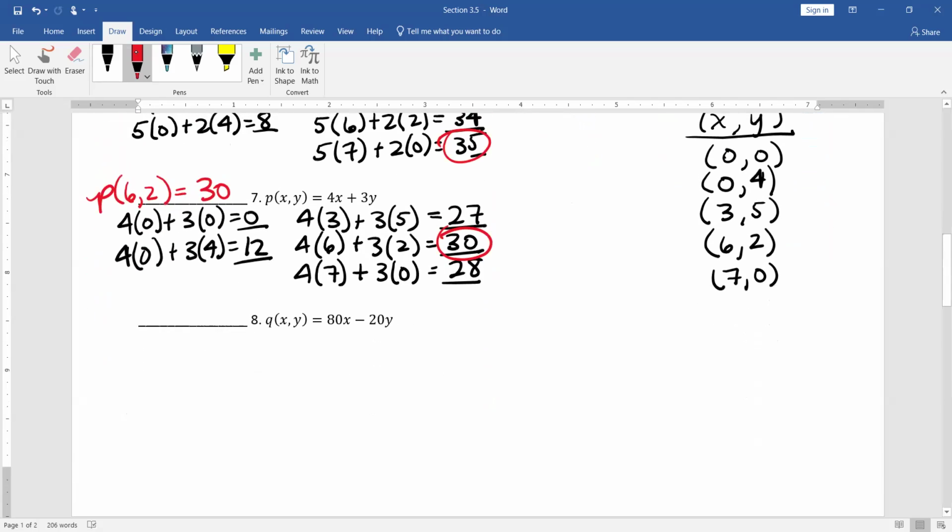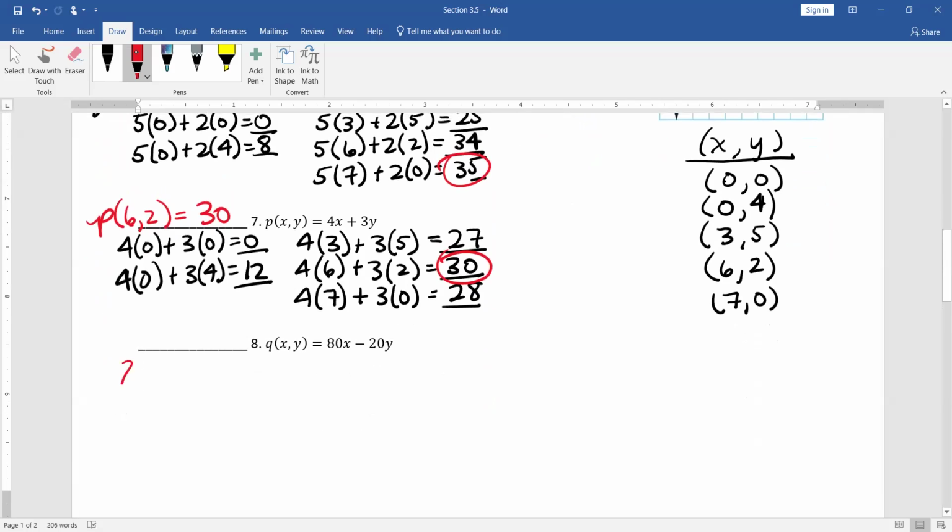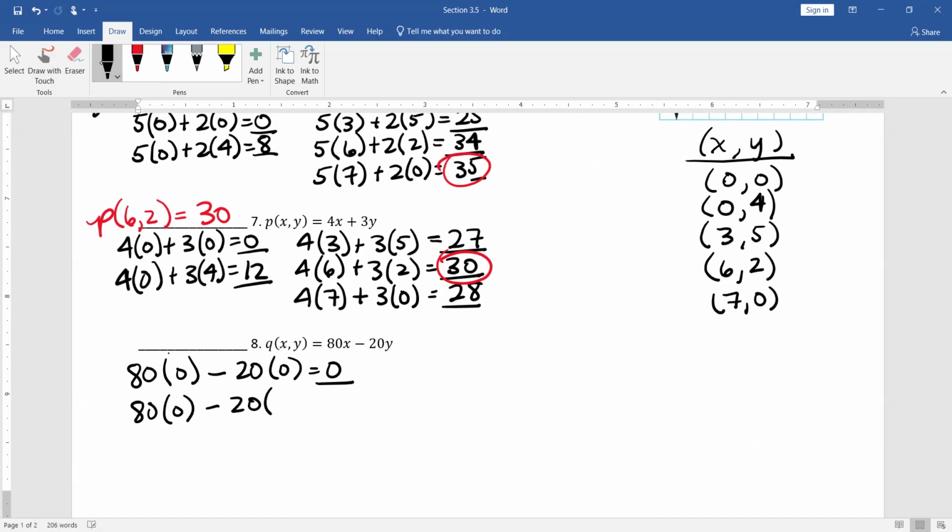All right, now last one. 80 times 0 plus, oh, this is subtraction, minus 20 times 0 is 0. 80 times 0 minus 20 times 4, negative 80.